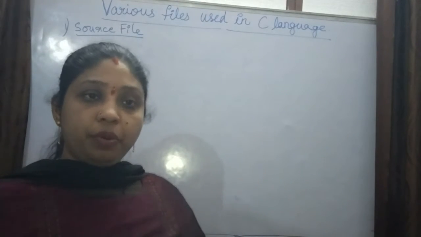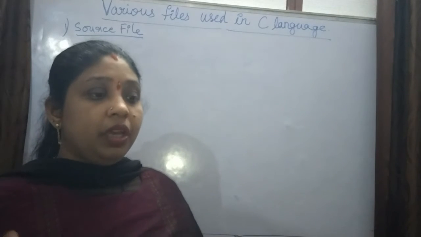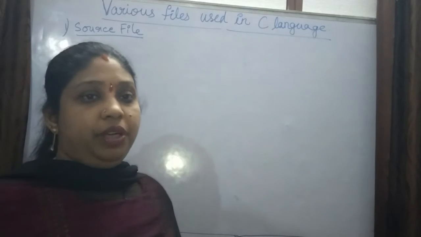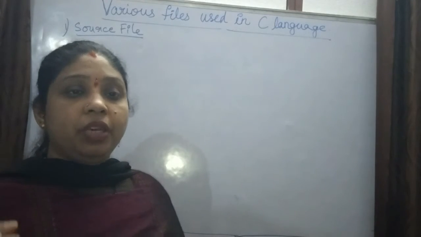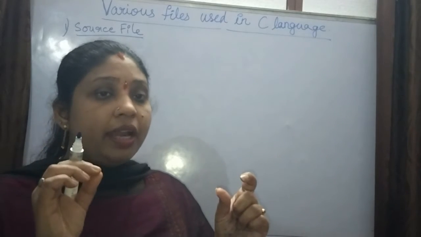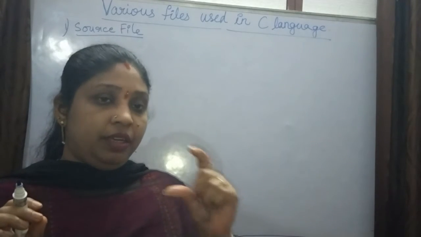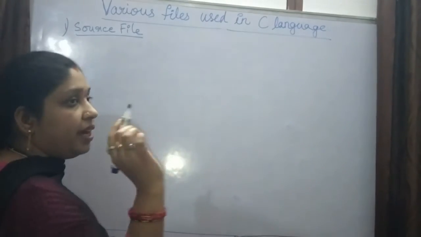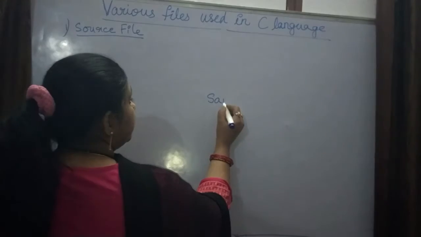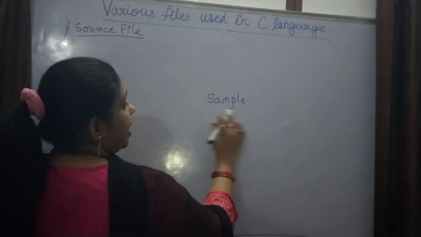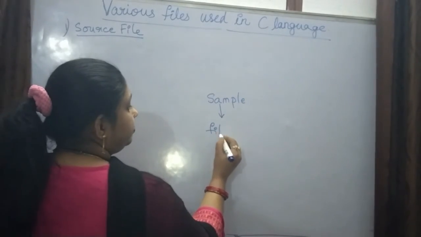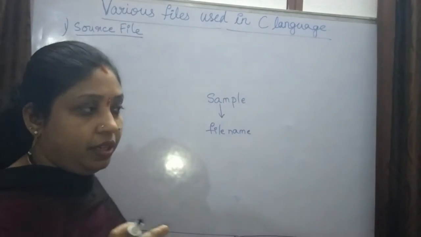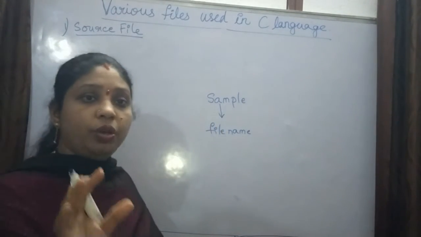Now you write a program and you give a name to that program. Think that you have written a program and you are saving it with sample as the file name.